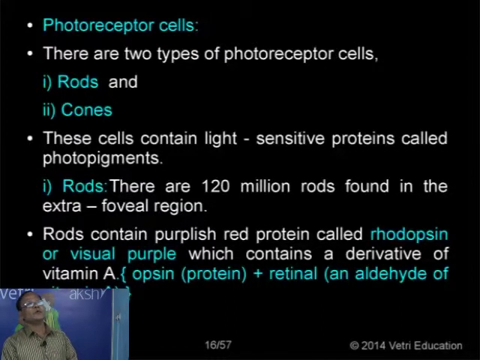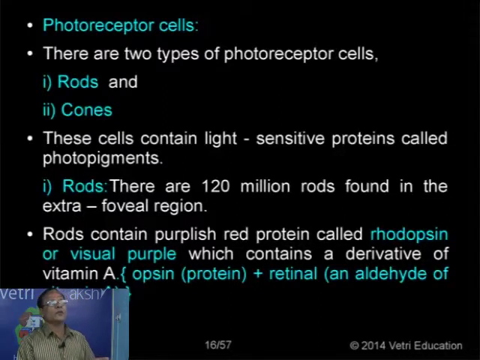In number there are about 120 million rods in the extrafoveal region. So fovea centralis is a region present at the midpoint of what is called area centralis, or yellow spot, and there you have a higher concentration of cones.